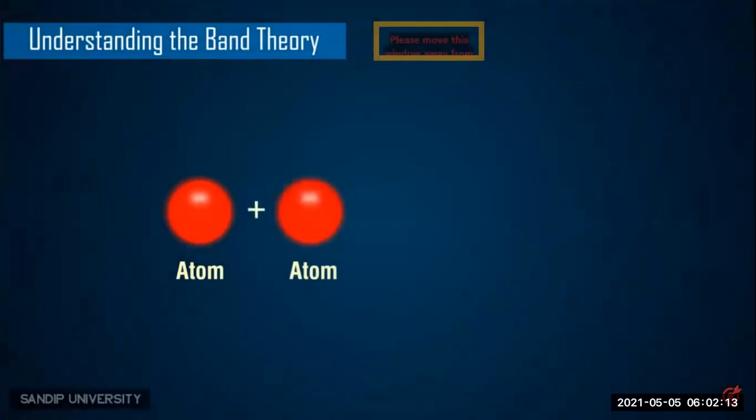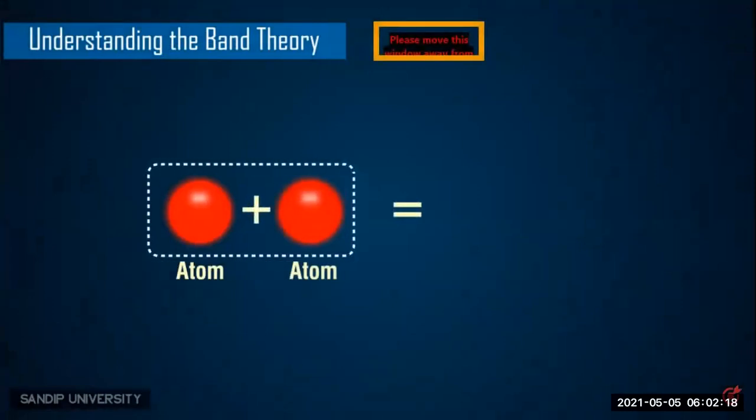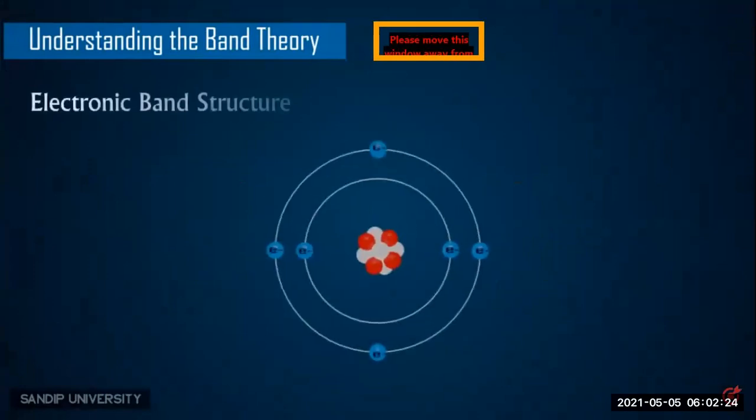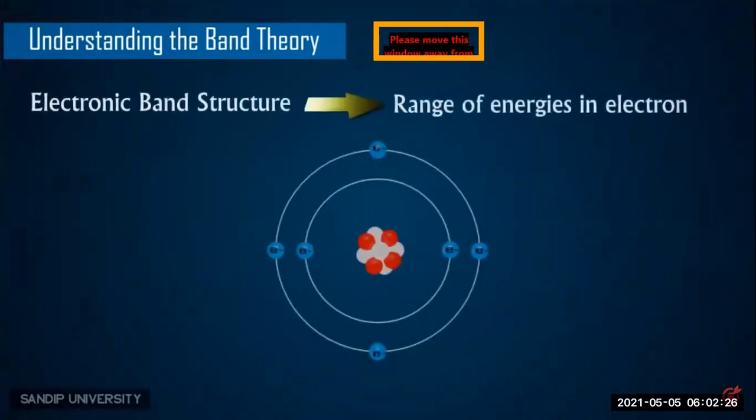When atoms come together to form a compound, their atomic orbital energies mix together to form molecular orbital energies. The electronic band structure of a matter describes the range of energies that an electron within the matter may have, and ranges of energy that it may not have.